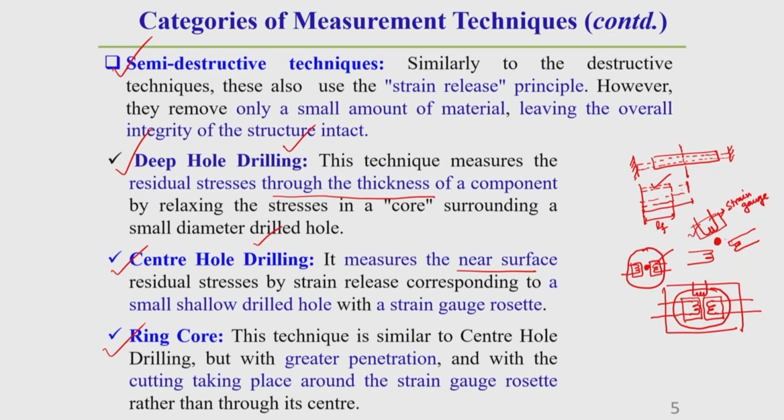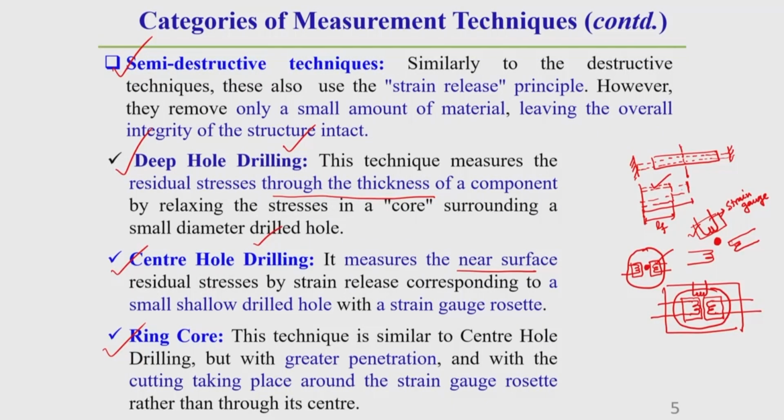This expansion and contraction correspond to some resistance change. Due to this resistance change we calibrate in terms of strain. From that strain we can easily measure the residual stress. You should keep this in mind.